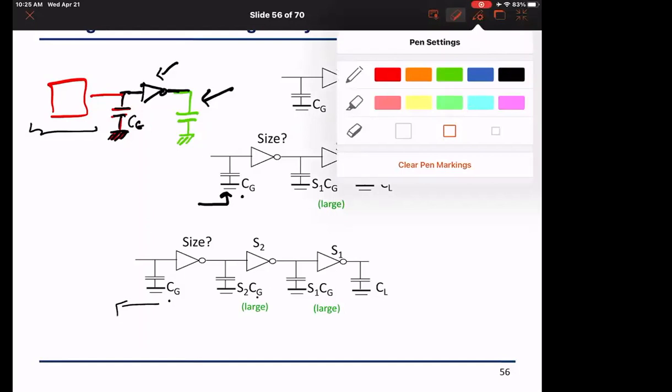By decreasing, man, you're asking, isn't it a bit odd that by decreasing C self, which is parasitic, we get a higher delay? No, no, wait, let me just read the question. One second. We are not decreasing C self. Let me explain what we are doing here.